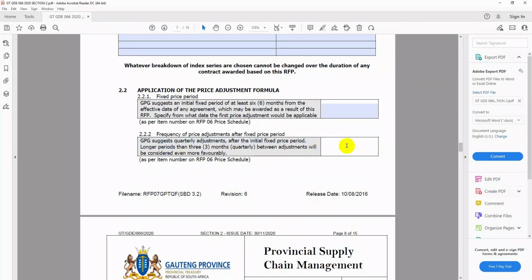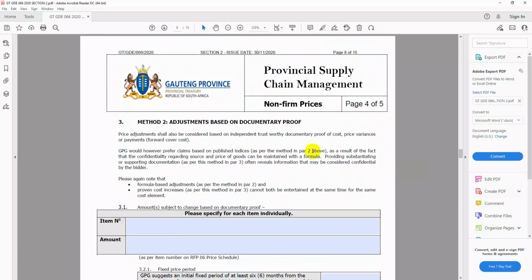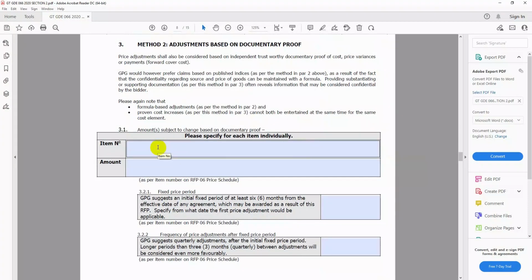Then you can request for price adjustment quarterly until the end of your contract. And these are, please specify for each item and individual. So here, with this adjustment on documentary proof, you see this is item number, the space might be small, so as they've said, you can just attach other documents.